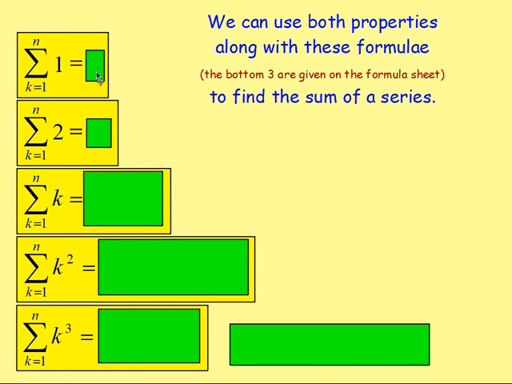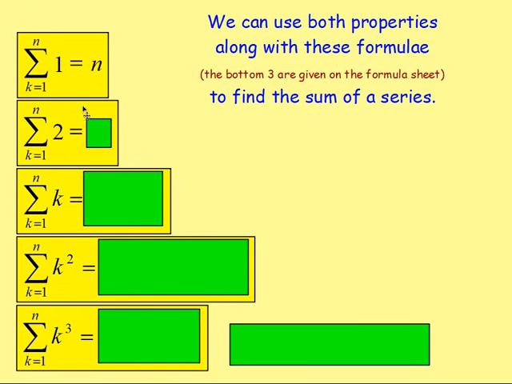If it was a 4 at the top, that would just be 4. If you had the sum going from k equals 1 all the way up to 7, that would mean 1 plus 1 plus 1 plus 1 plus 1 plus 1 plus 1, just 7 times, and you would just get 7. So if you ever have the sum of just 1 going from k equals 1 all the way up to n, that's just going to be whatever n is.